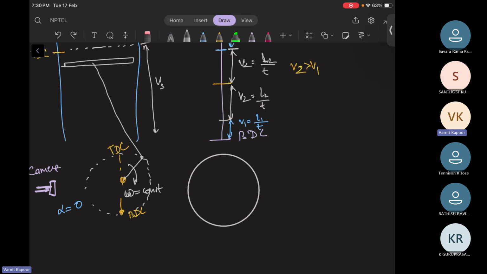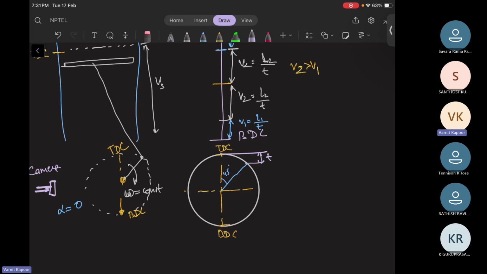In the meanwhile, my crank rod from TDC to BDC, for my first 45 degrees, my time will be t for this much.